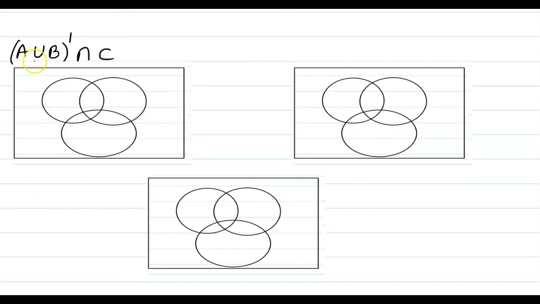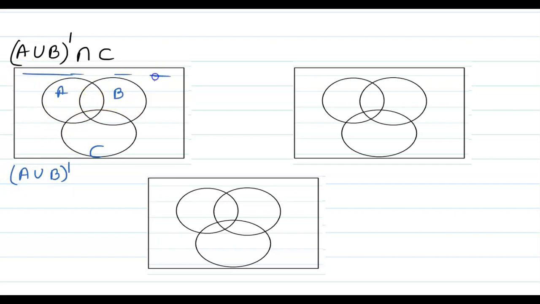In this one we need to shade A union B complement intersection C. First I'm going to show you A union B complement here. If this is A and this is B and C, and here it is A union B complement, A and B you can leave and the rest you can shade.